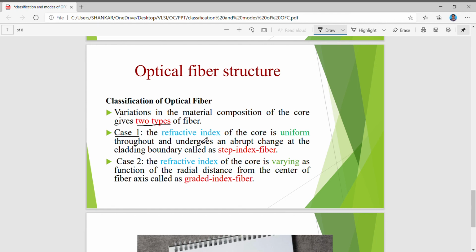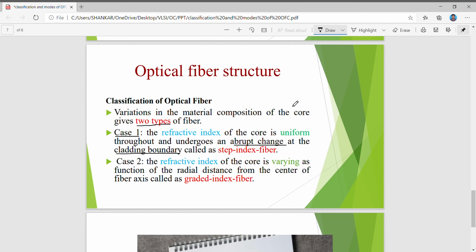Whatever refractive index you have will be maintained constant throughout, with an abrupt change at the cladding boundary. So the refractive index of the core is uniform throughout and undergoes an abrupt change at the cladding boundary.